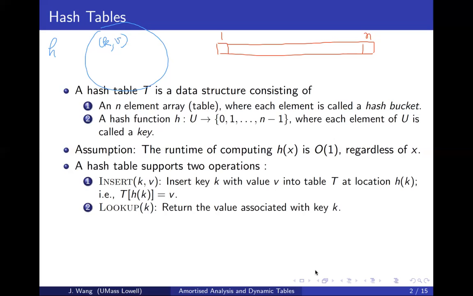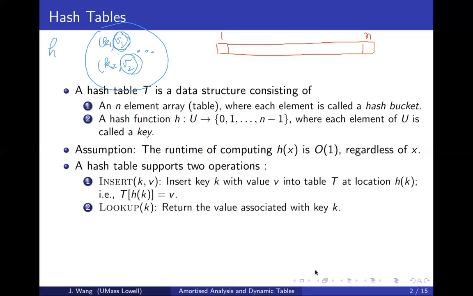You could have lots of these, let's say k1, v1, k2, v2. You want to store these items in this array, and you want to have random access.